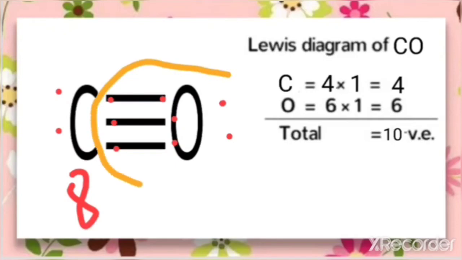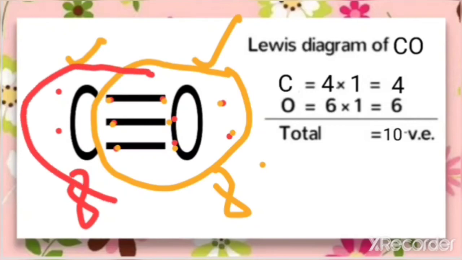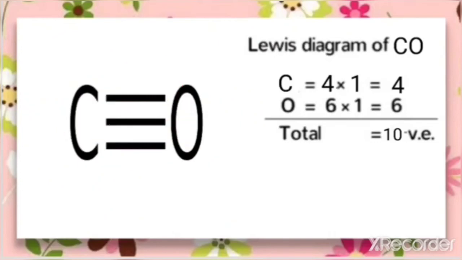That is equal to 1, 2, 3, 4, 5, 6, 7, 8. 8 electrons. It is satisfied. Oxygen is satisfied. Carbon is satisfied. Why is the carbon satisfied here? Because this much of electrons is carbon's electrons, that is 8 electrons. So it is satisfied. So this is the correct structure for carbon monoxide.